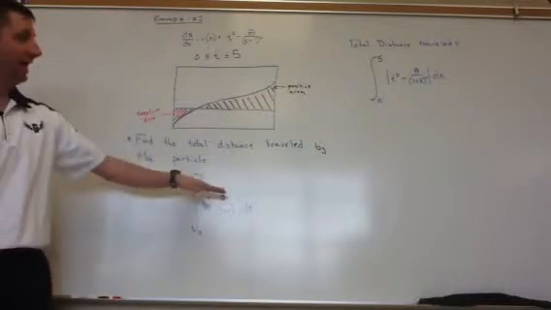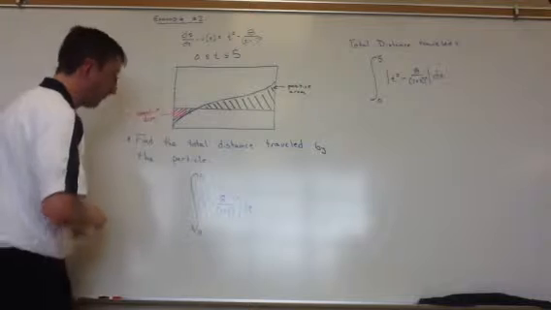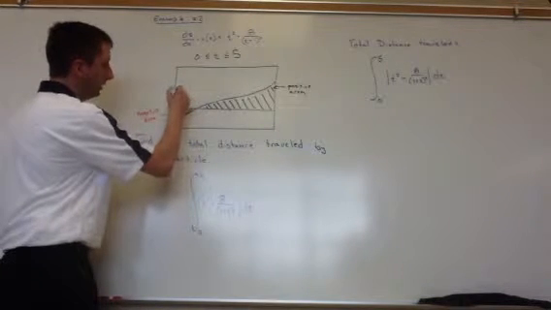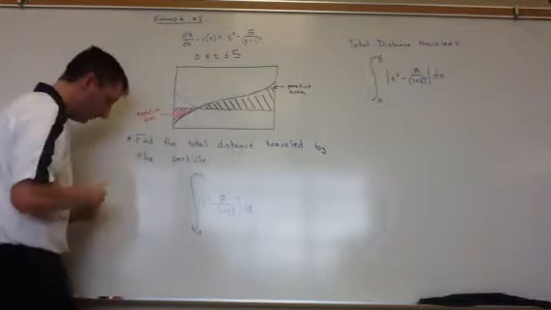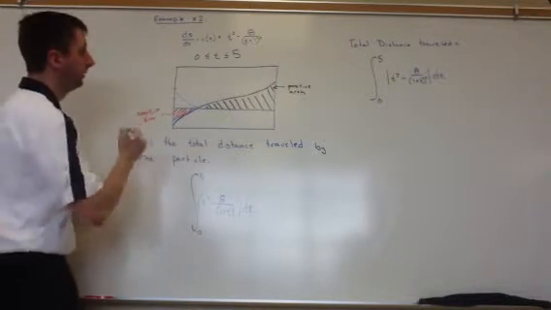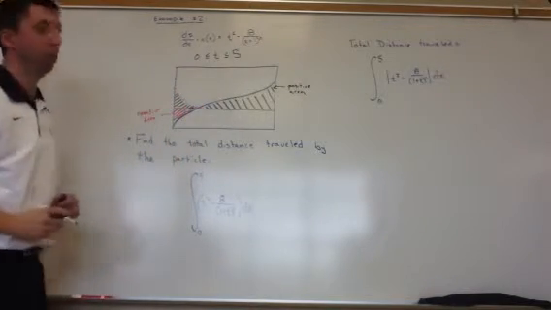It's going to be the absolute value of this thing. So it's going to take this little piece right here and basically turn it so that it looks like that. And so then that would become positive area. And we can go ahead and integrate.